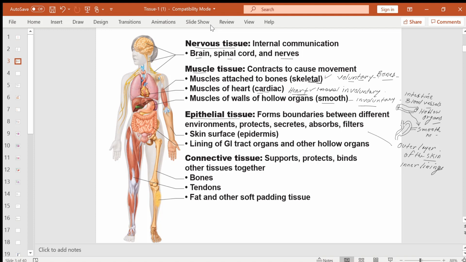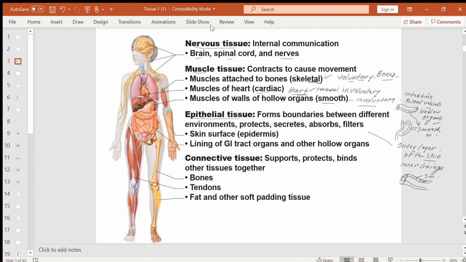tube-like and hollow organs. Again, as I mentioned, the wall of the tube-like and hollow organs is formed by smooth muscle. So in the wall here you have the smooth muscle.